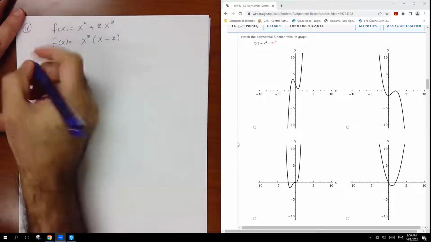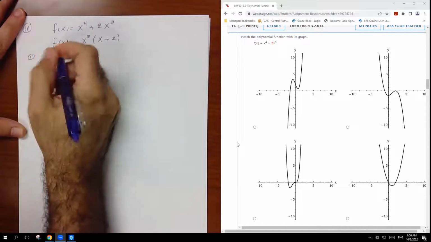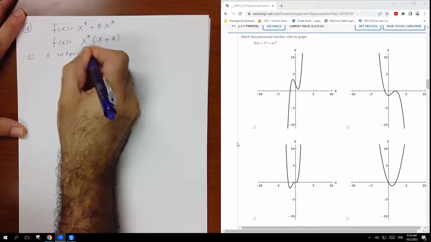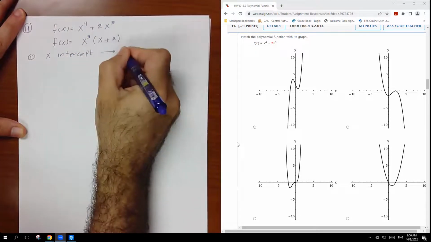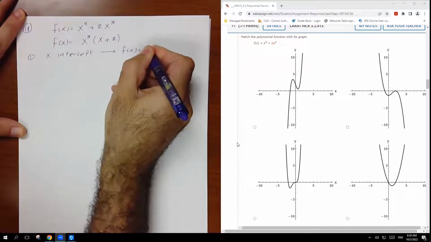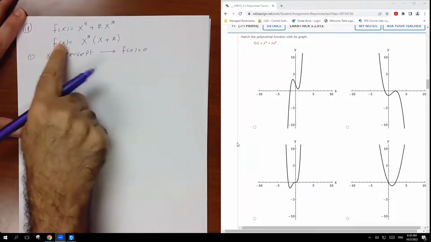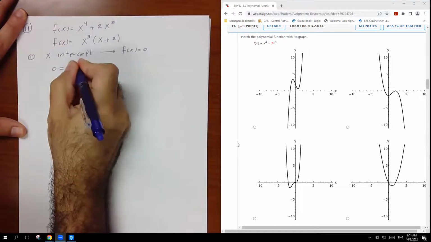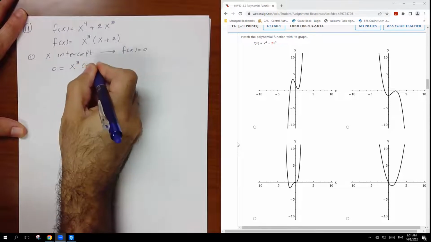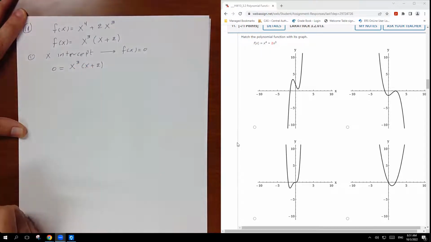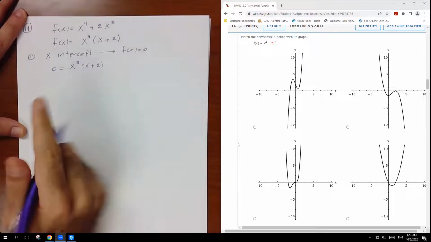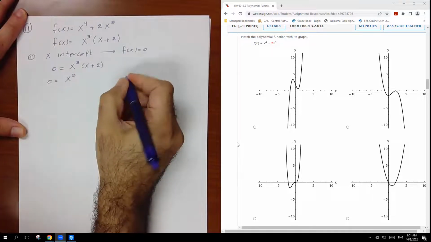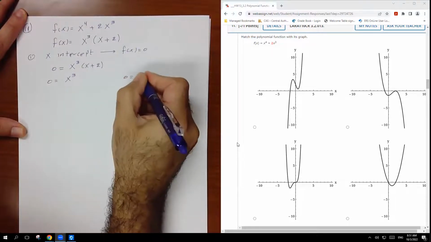Then number one, x-intercept. We're going to let f of x, which is the y, equal 0. That means this side equals 0. So I'm going to say 0 equals x cubed times x plus 2. How are we going to solve this one? I'm going to say 0 equals x cubed, and here I'm going to say 0 equals x plus 2.